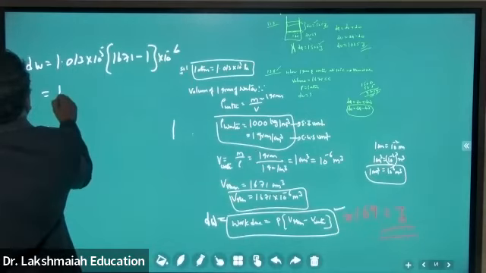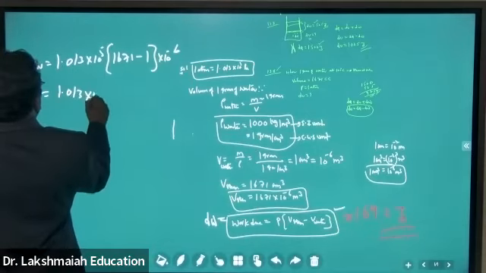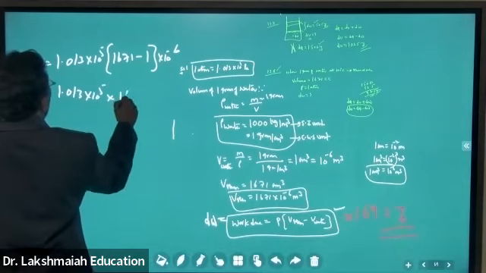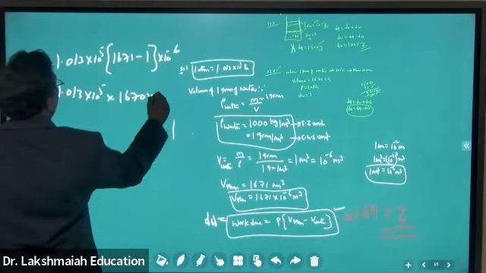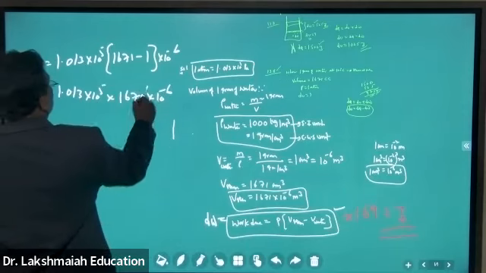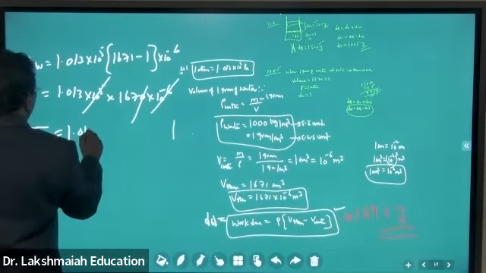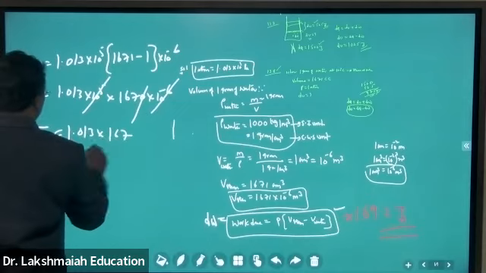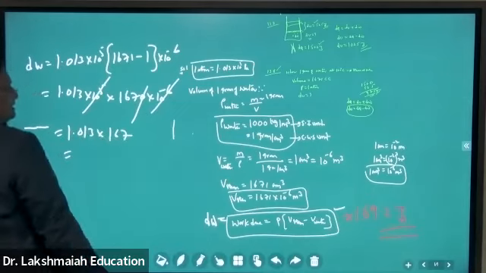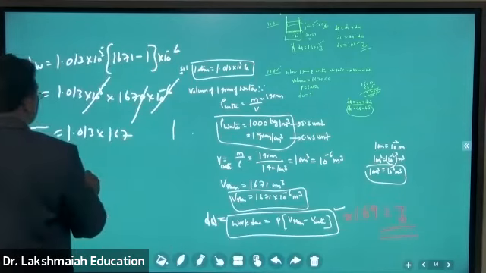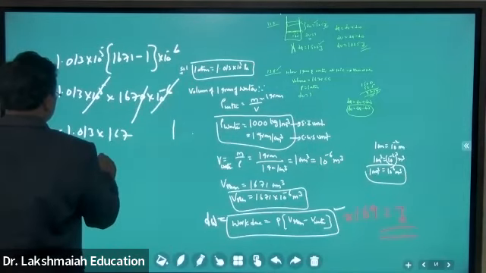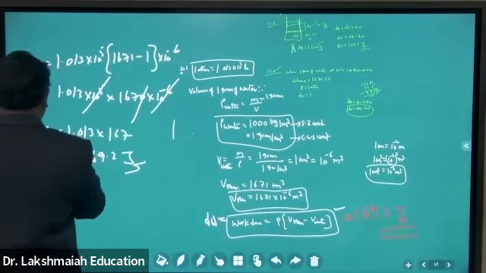That is 1.013 into 10 power 5 into 1670 into 10 power minus 6. The 10 powers cancel, so it is 1.013 into 167. What Yogita told, that answer you will get, 169.2 joules. This is dW.